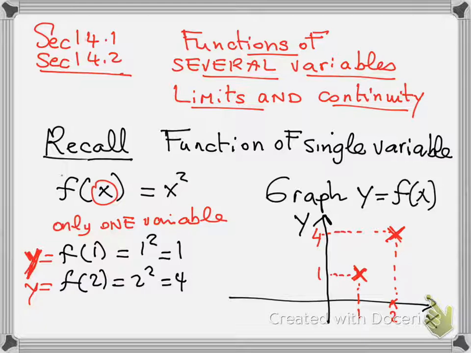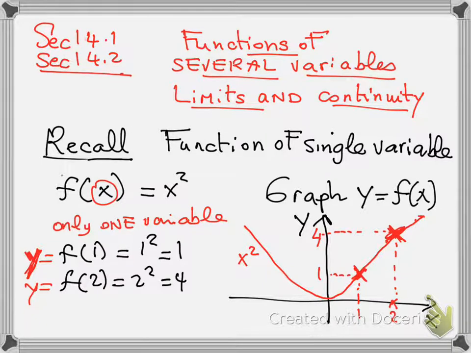The image of 1 is 1, so the height here is 1. The image of 2 is 4, so the height is 4. That's equal to y, right? And of course, you can join all these points and you get the graph of the function f, okay?